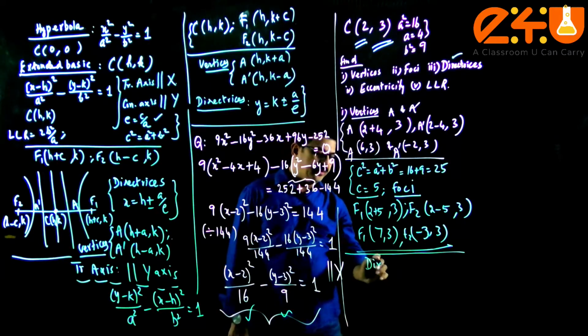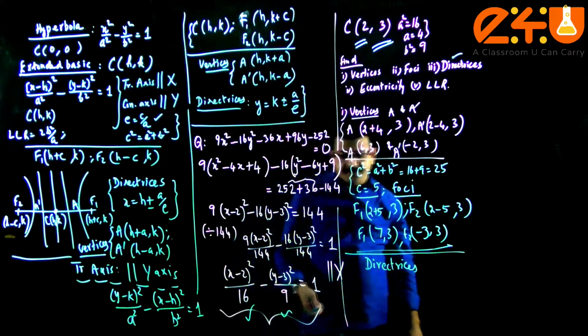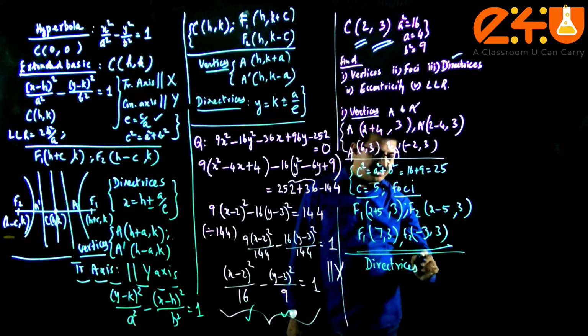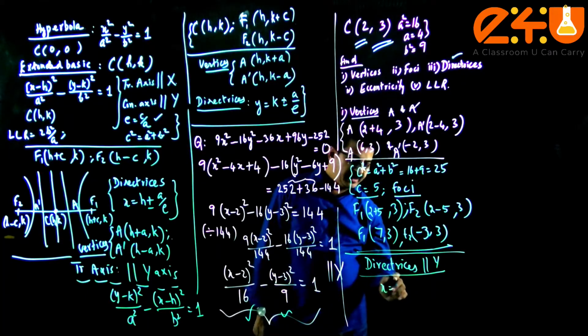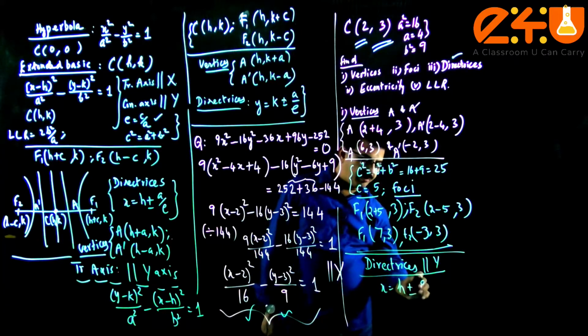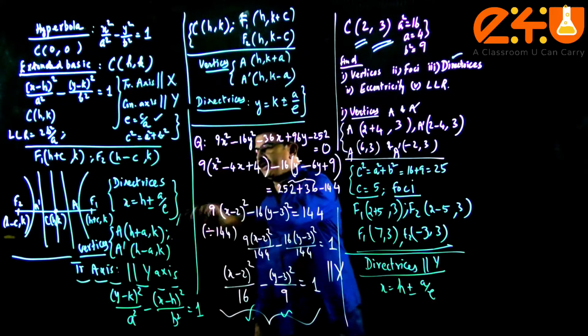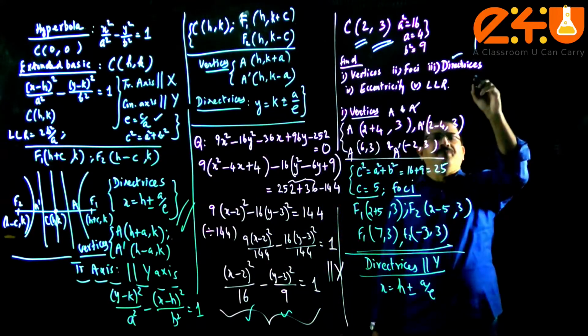And here we know the directrices, because it is a transverse axis parallel to the x-axis. So the directrix is parallel to the y-axis, having the equation x is equal to h plus or minus a by e as indicated here. H plus or minus a by e.